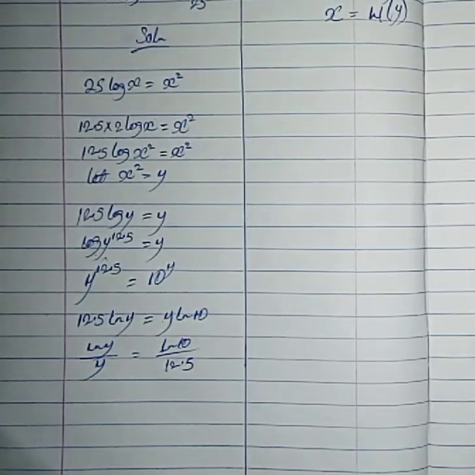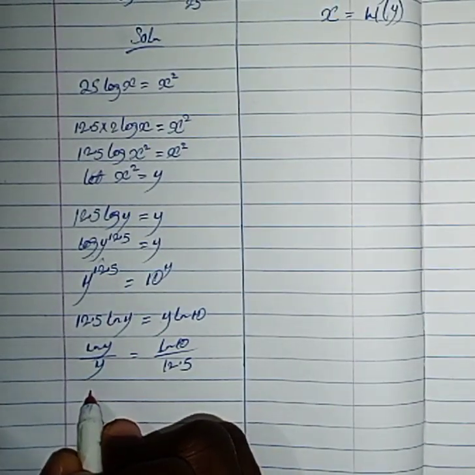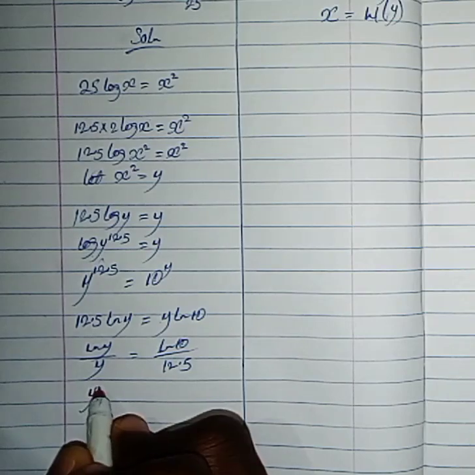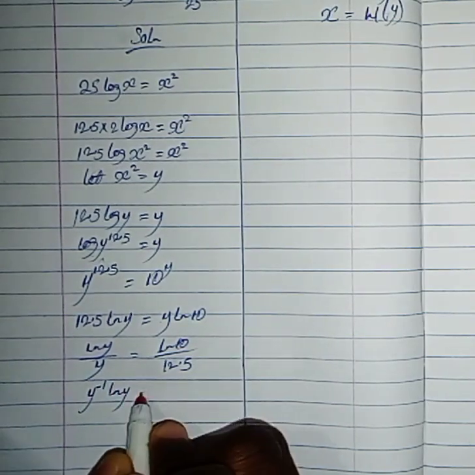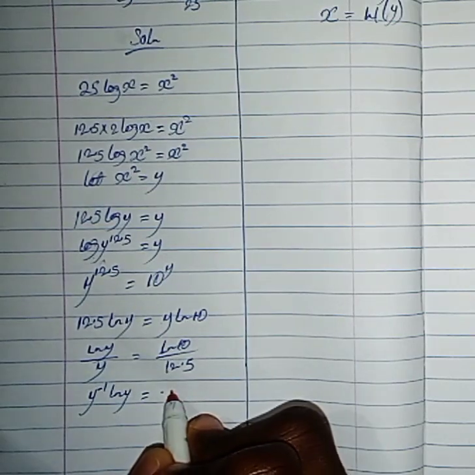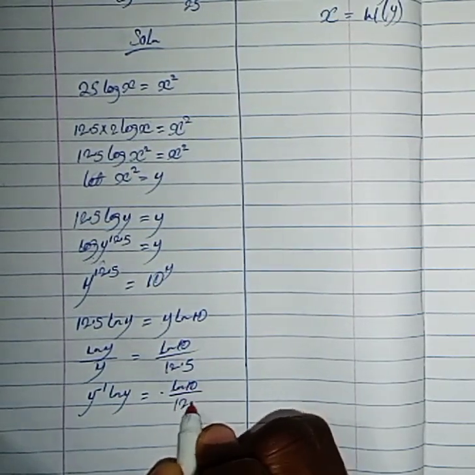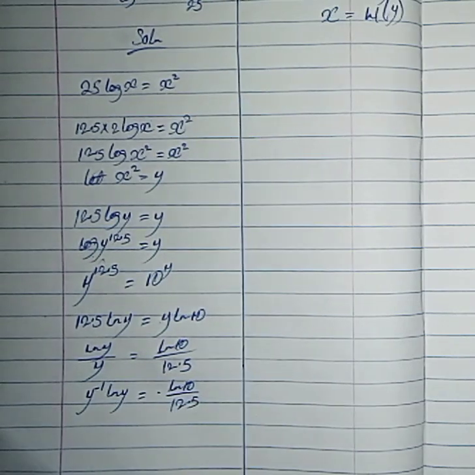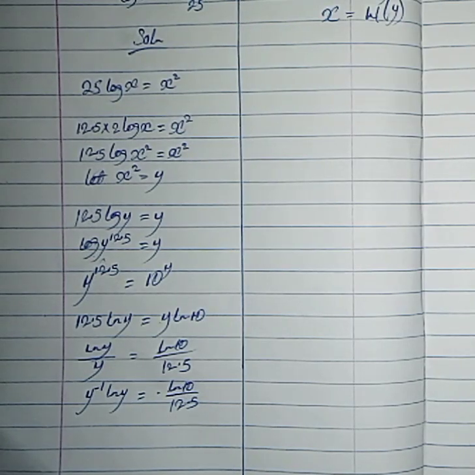So there you say y here at the denominator can be written as y to the negative 1, times ln y, is equal to ln 10 over 12.5. So now I want to introduce the e value.